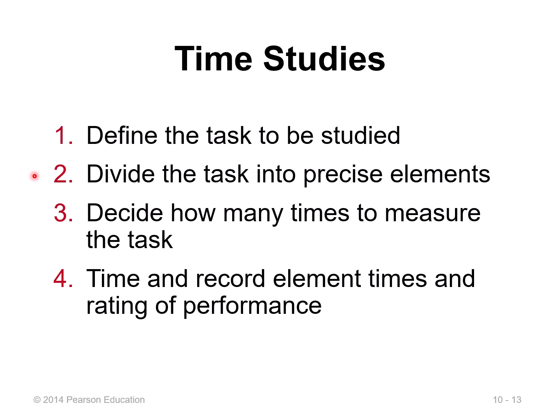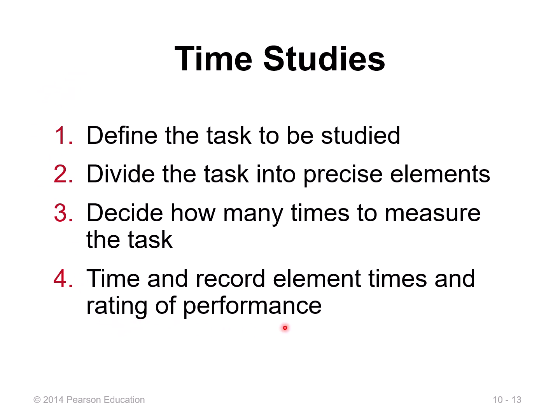Here, the more observations, the more accurate the standard. And then the last one is time and record elements, time and rate performance, accurately documenting and assessing the results. By following these steps, companies can establish fair and reliable labor standards, leading to better workforce planning and efficiency.